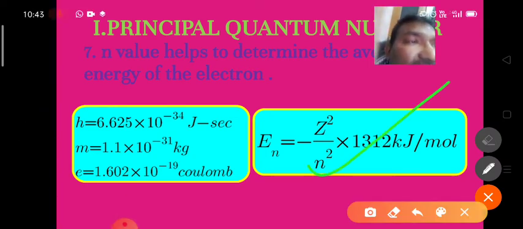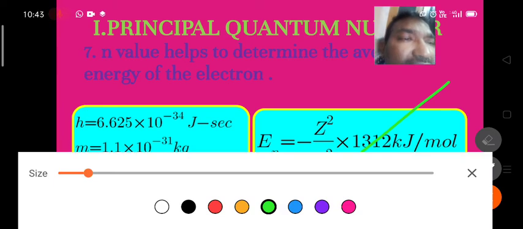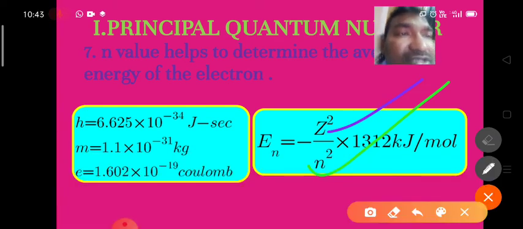E is equal to minus z square by n square into 1312 kilojoule per mole.